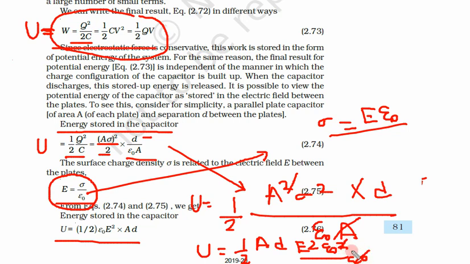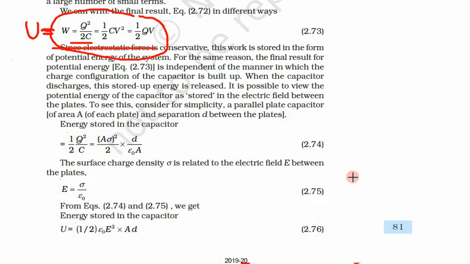So this denominator epsilon naught is cancelled. So this is half AD E square epsilon naught. This is the total energy stored in a capacitor.